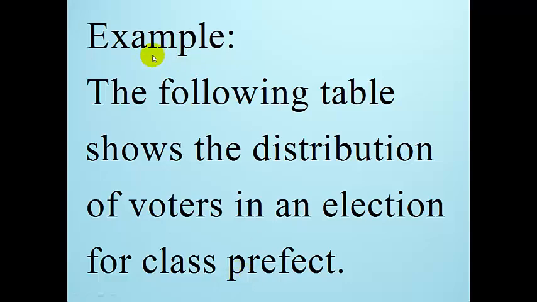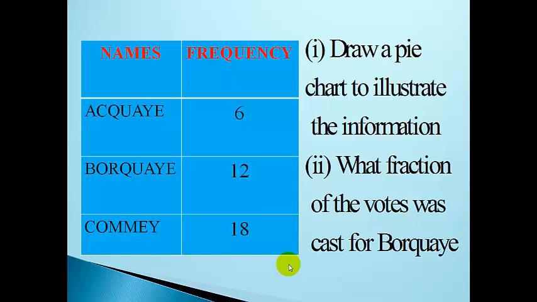Now, let's take a look at this example and see how best we can obey the steps given to construct the pie chart. The following table shows the distribution of voters in an election for class prefects. Now, this is the given table.